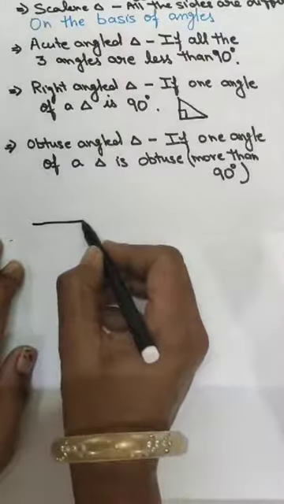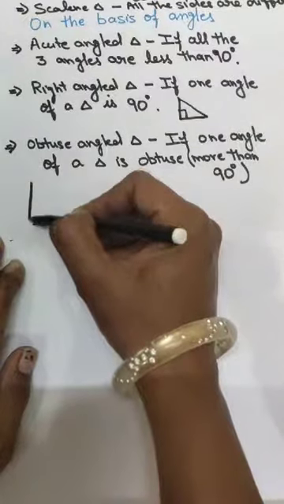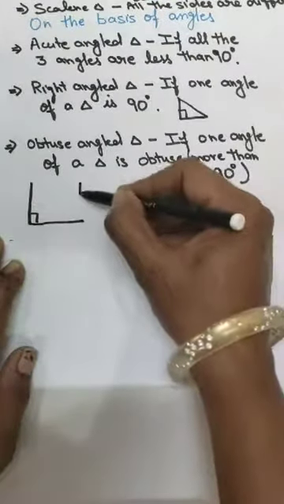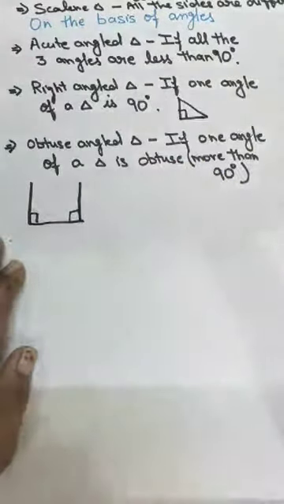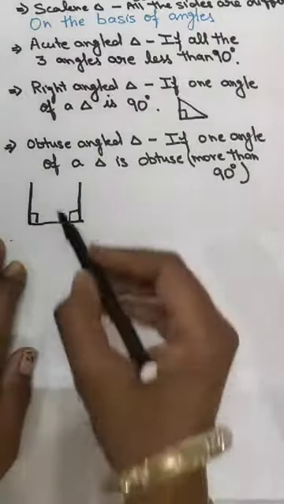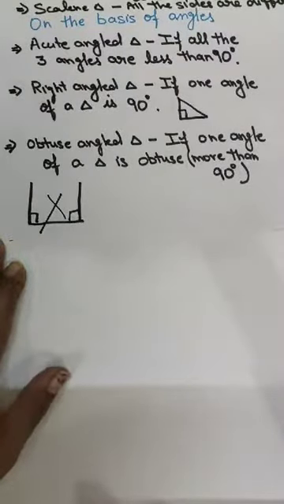This is your baseline of a triangle. One right angle will be like this here, and if you make one more right angle here, it will be like here. So, can we make a triangle? No. So, we cannot make any triangle with two right angles, and we cannot make a triangle with two obtuse angles also.